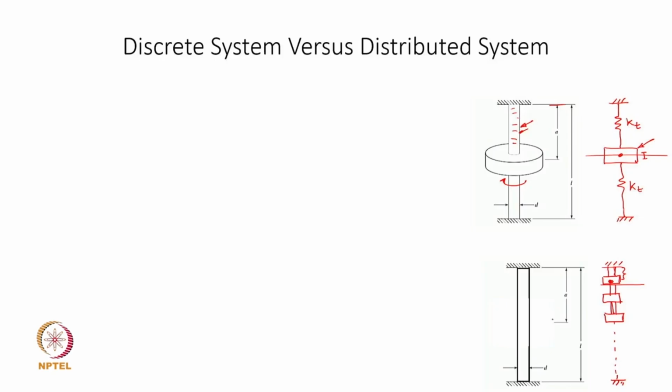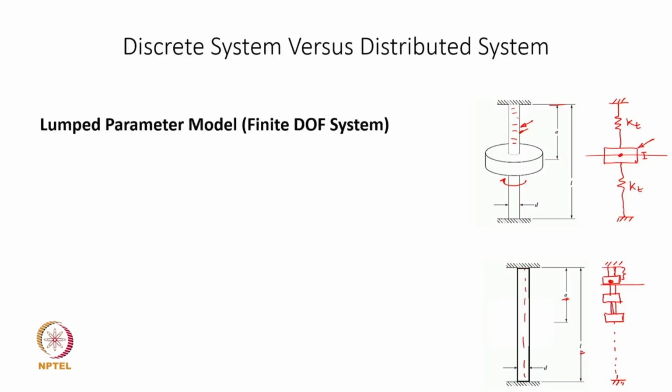So in absence of this inertia, the system is broadly a distributed system, in the sense that the stiffness and mass, both of these properties, are distributed throughout the domain, starting from x equal to a to x equal to L, right. So there is a continuous distribution of this mass and stiffness property. So we have purposely kept ourselves focused on the discrete system analysis and not so much on the distributed system analysis.